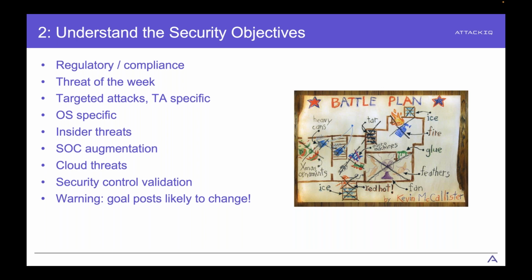It could be that if your organization is cloud only, cloud is still evolving. It's the new hotness in town. So it may be that cloud-based threats are more of a concern. Oftentimes, ultimately, companies want to test and validate their existing security controls.